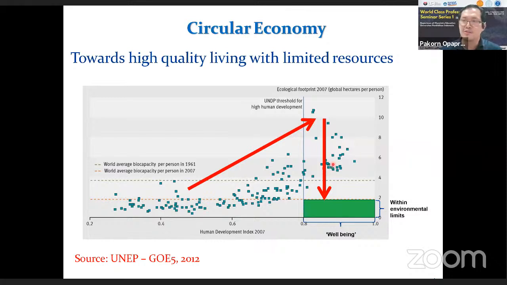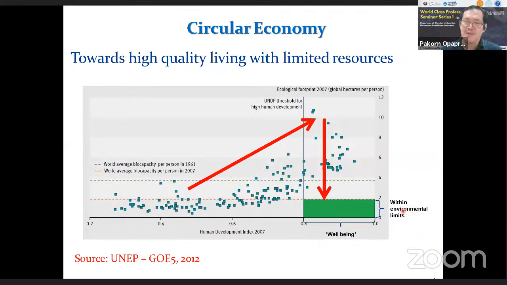But it is not good for the environment. If we use more resources, we also produce a lot of pollution, or we will face depletion of resources in the near future. So as recommended by UNEP here, the ideal scenario is that we should go into this green area, within the environmental limits.